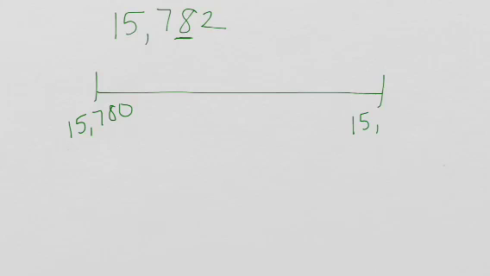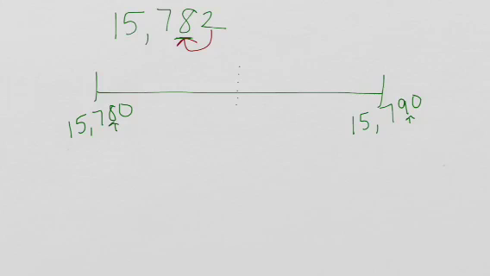Or is that number closer to 15,790? Okay, that's the determining factor. Notice that tens place here is the one that's changing. Well, like the problem before, I'm going to look to the number behind it because that's going to determine where on this number line it fits.